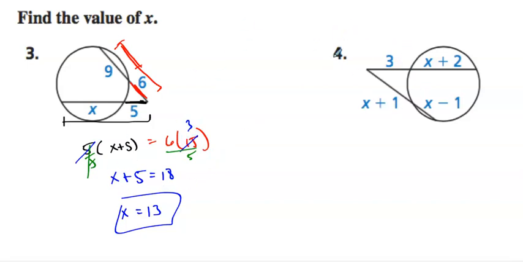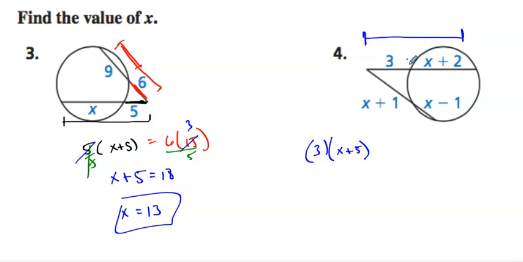All right, and then another example with a couple more binomials here. So we got the outside segment 3 times. Okay, be careful here. I got the total of this whole thing, which is x plus 5.